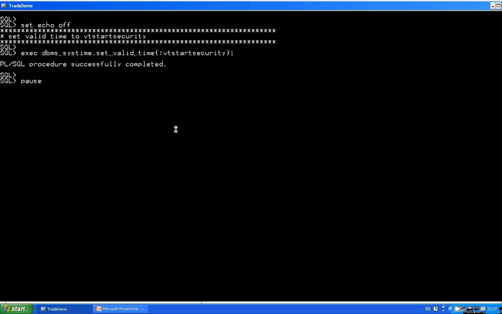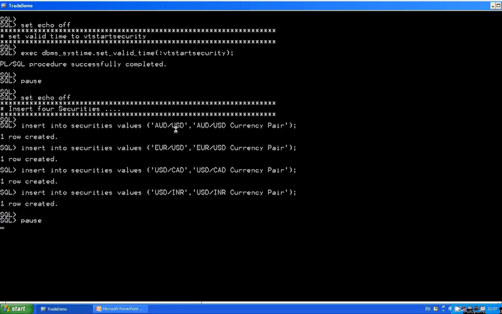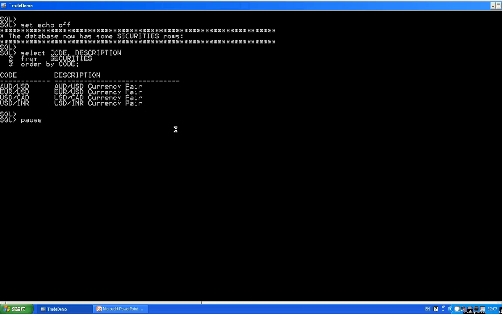We begin by putting lookup data into our security tables. So our lookup data, we've decided, is going to start at a valid time of start security, VT start security, so we tell TRE that the time is that time by using the set valid time function, and we insert 4 securities.